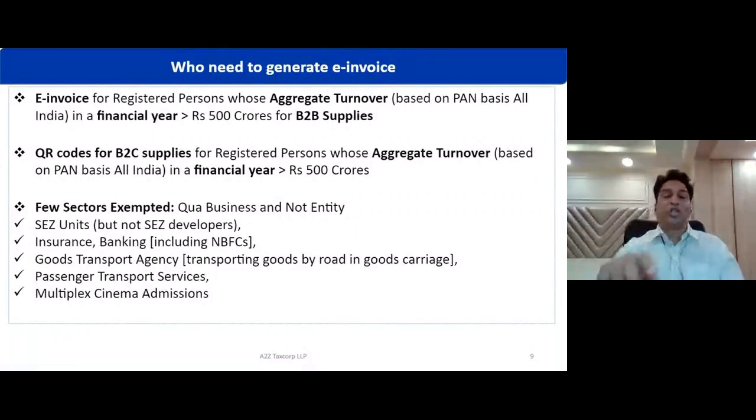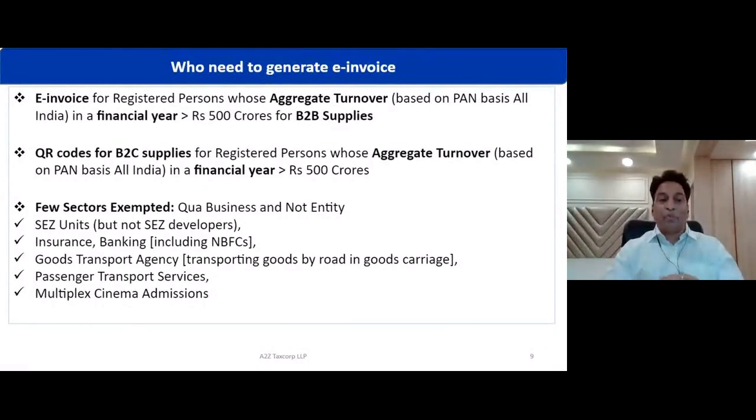Now my next question to all of you. Do I need to follow this e-invoicing provision only for the normal supply, 100 crore, or for the SEZ unit, which is 450 crore? Please tell me, 100 crore or 450 crore. SEZ unit is exempted. Normal is 100 crore.